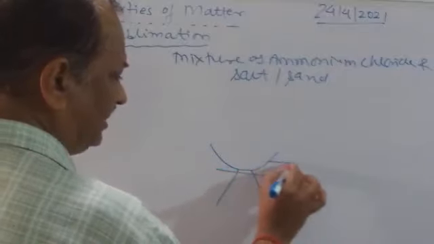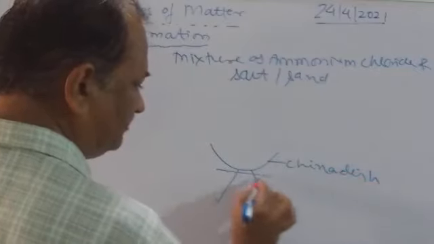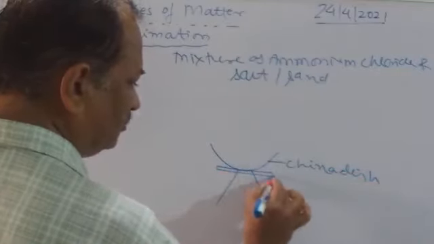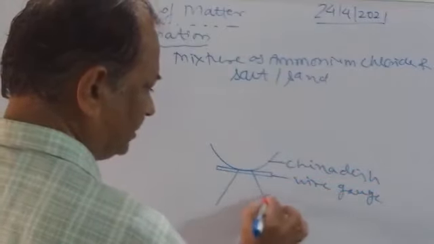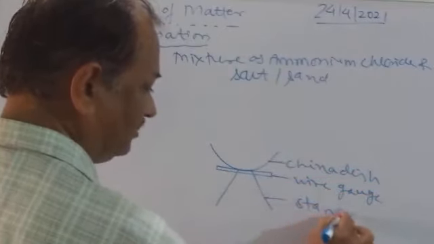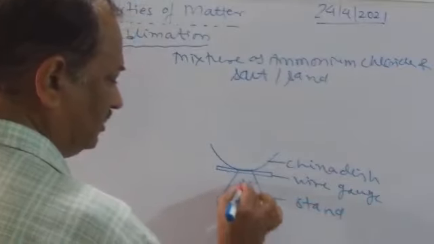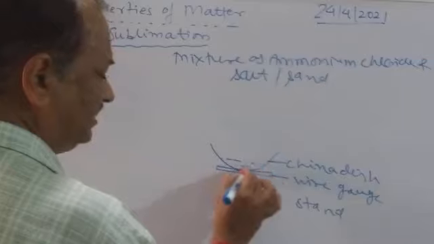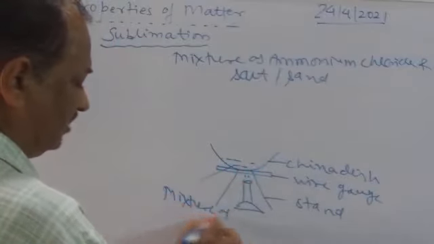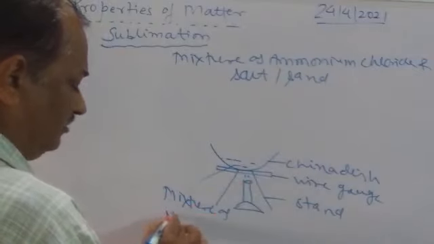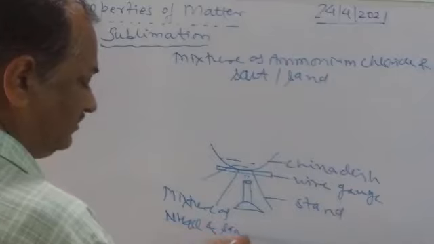Here this is the China dish. This is the wire gauze. This is the stand. Here we keep the burner for heating, and in the dish there is the mixture of ammonium chloride, which we call NH4Cl, and sand.